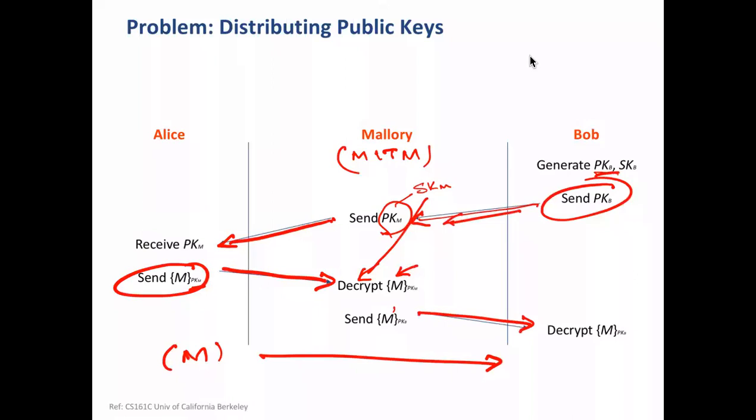So Bob will decrypt whatever message is received with his own private key, and will get M dash instead.